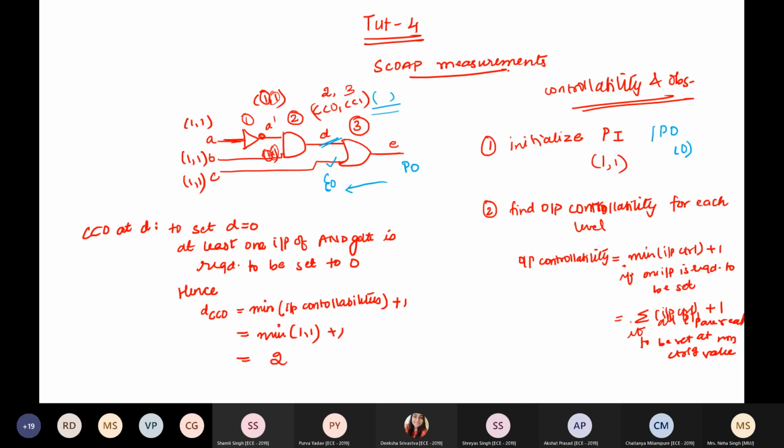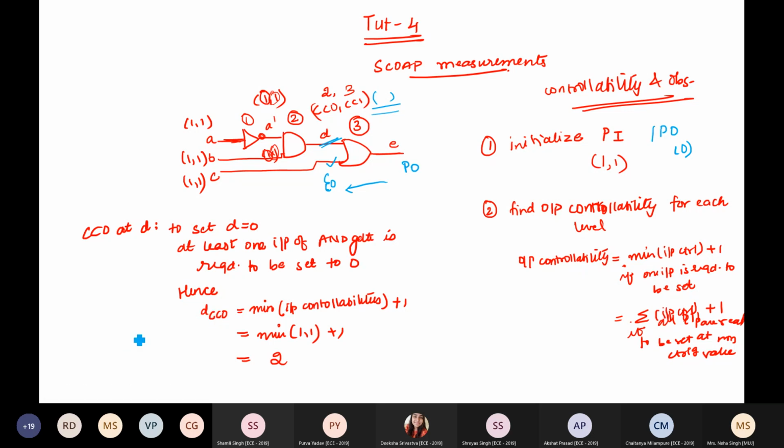So जब sequential circuit होता है, then initialize all the controllabilities as infinity, right? You initialize all the controllabilities as infinity for each line and try to analyze just like we do for a normal combinational circuit, but you will keep on repeating the process until you get the values constant for each of the wire, right?